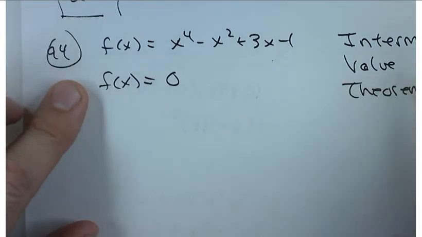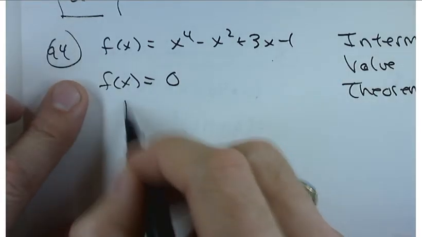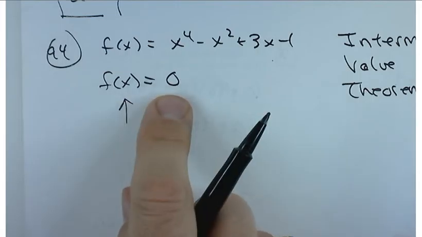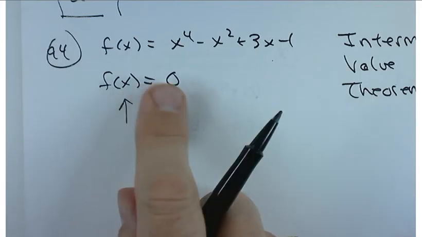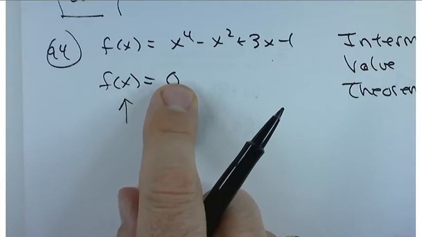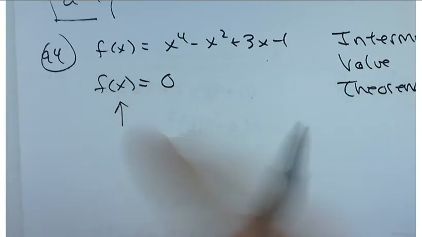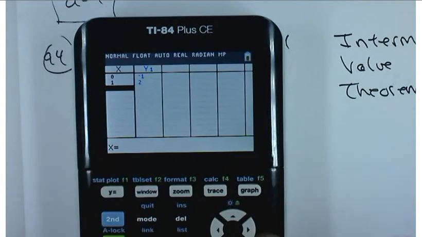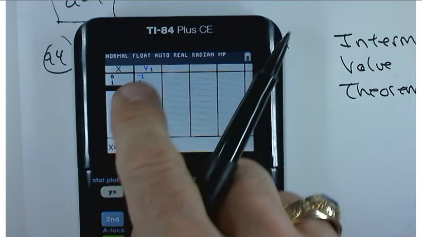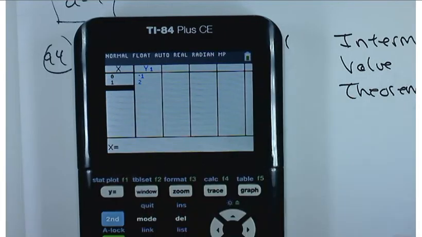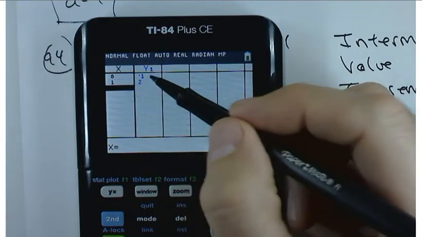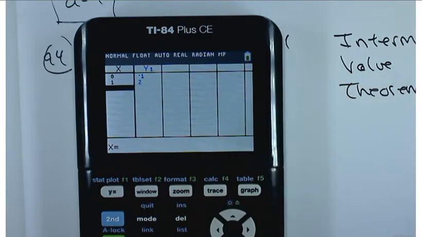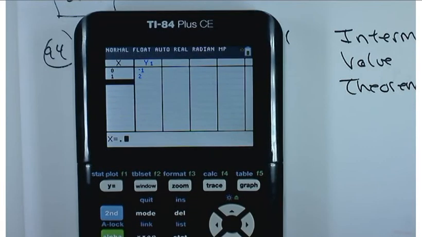Now, the intermediate value theorem guarantees that I can find an x where this happens, a value of x that makes this equal to 0. And that's all the intermediate value theorem says, is that because we're going from -1 to 2 along our y values, it's somewhere in between. There's a value of x that I can plug in that gives me a 0. You can play around with it. It's about 0.37. It makes me pretty close.